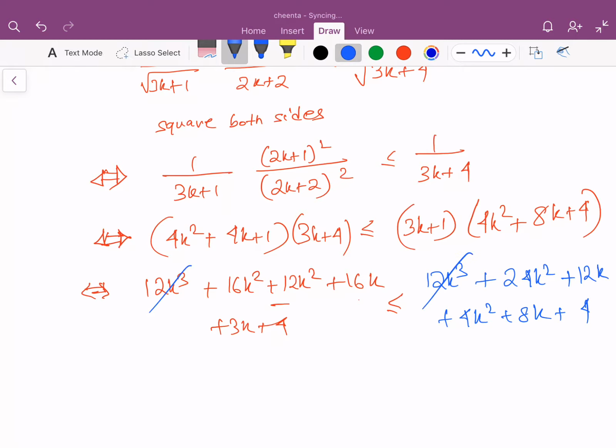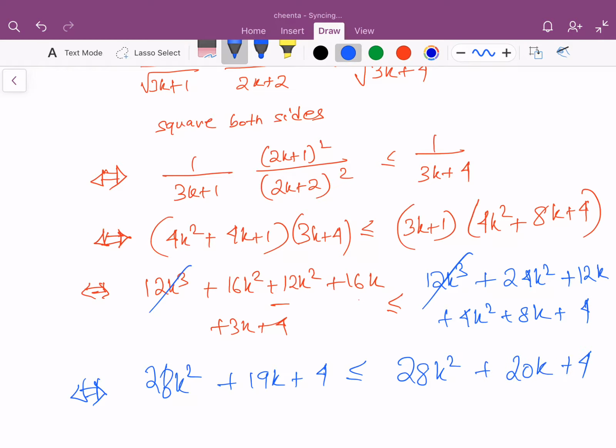Firstly, we can cancel off the 12k cubed from both sides. So we have a 28k squared on the left hand side plus 19k plus 4 is less than or equal to, we again have 28k squared on the right hand side plus 20k plus 4.